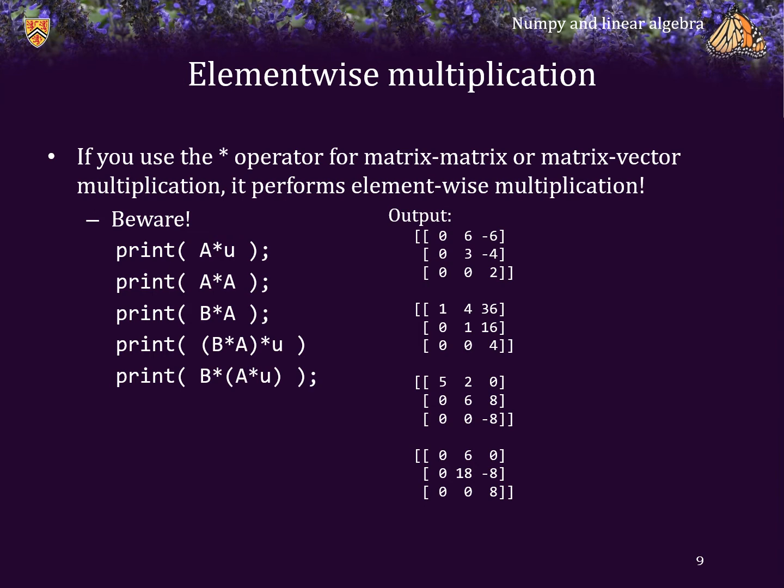Humorously enough, this is equal to multiplying each of the entries of A element-wise, row by row, with the vector u, and then multiplying by the matrix B, again element-wise.